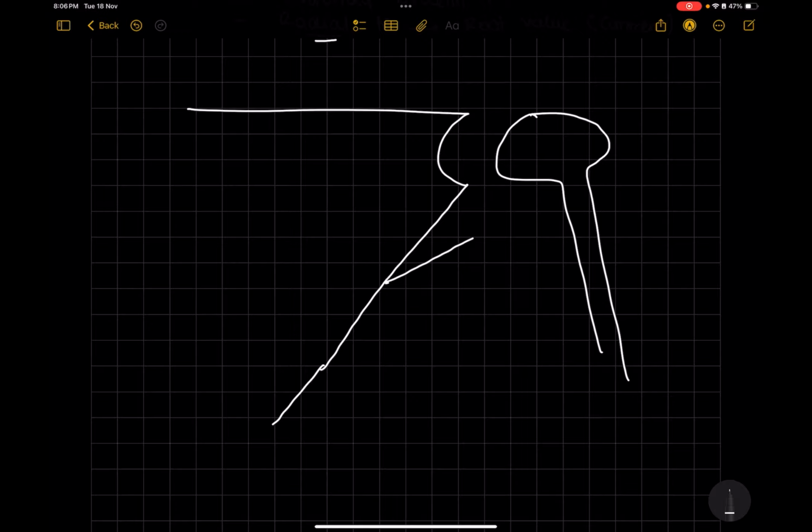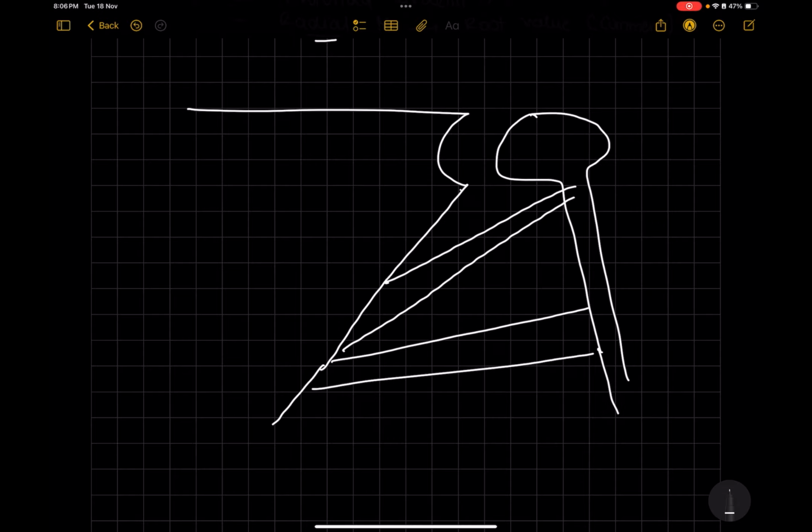This is your teres minor, this is your teres major, and this is your long head of triceps. Done. This is your first space, this is your second space, and this is your third space. So what I told you, in the upper triangular space, this is your circumflex scapular artery. Done.